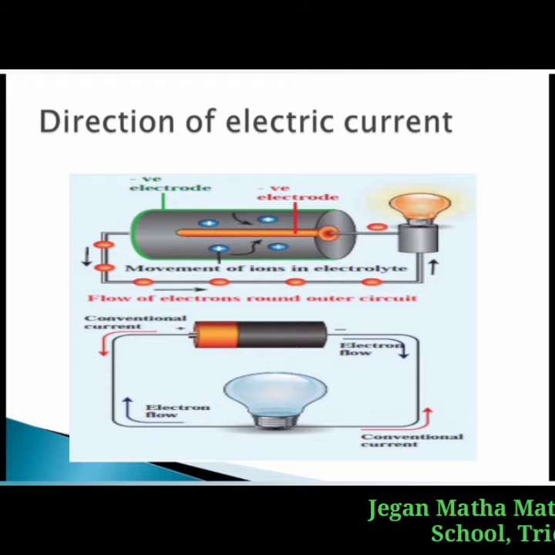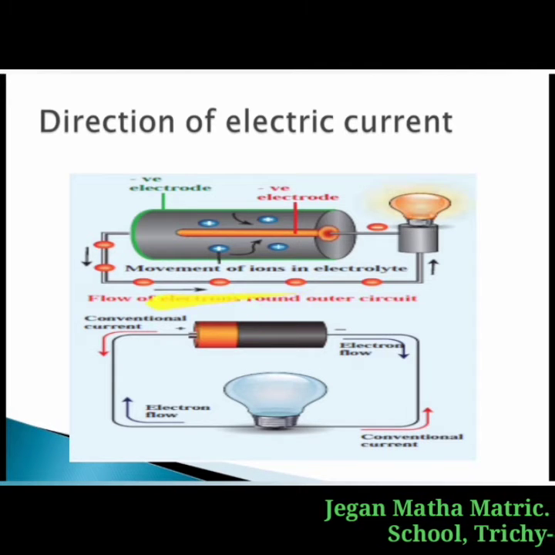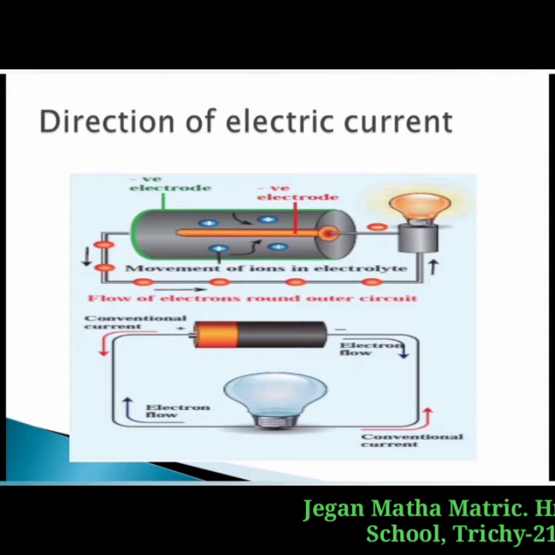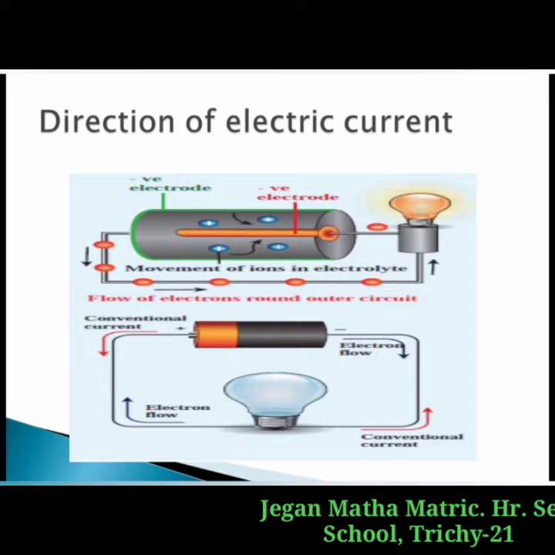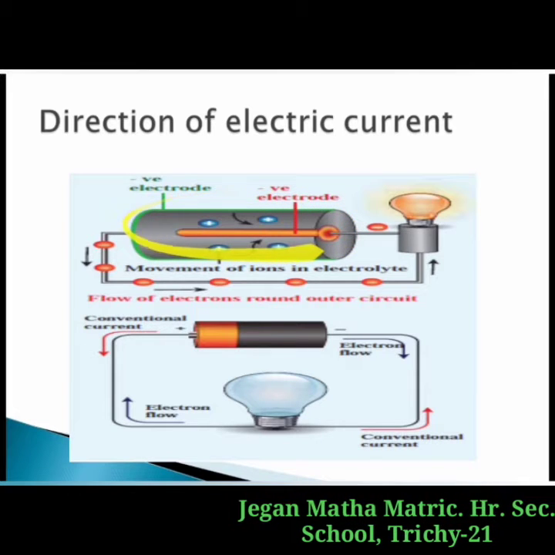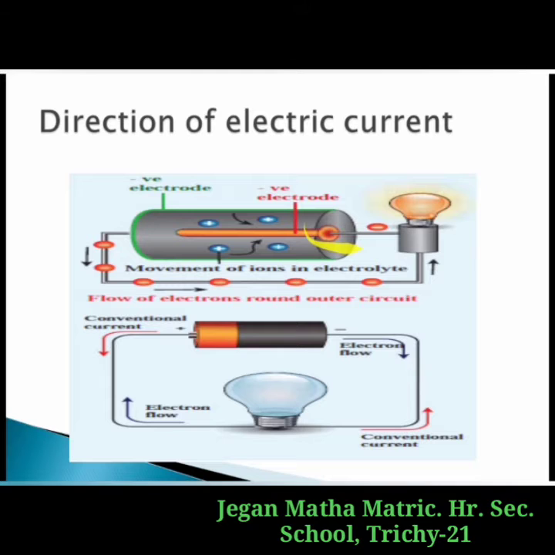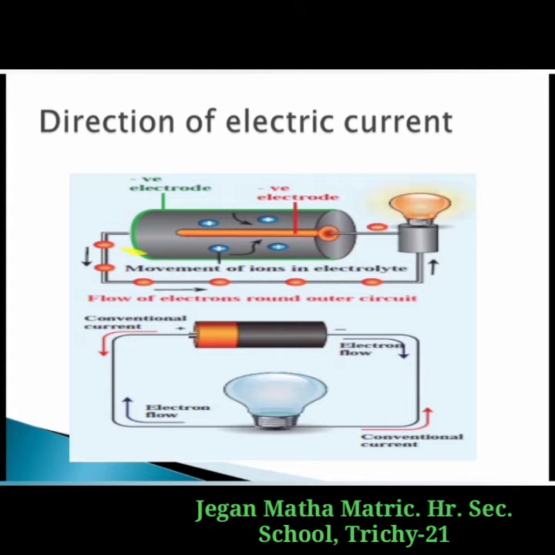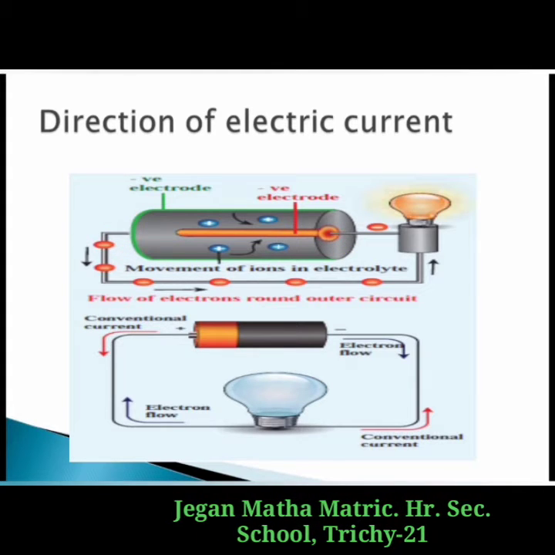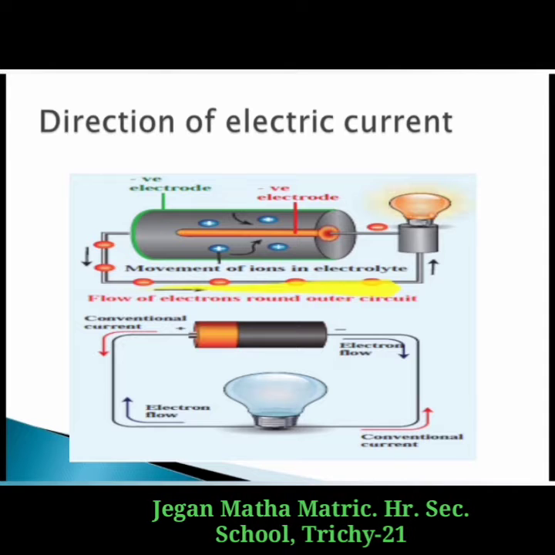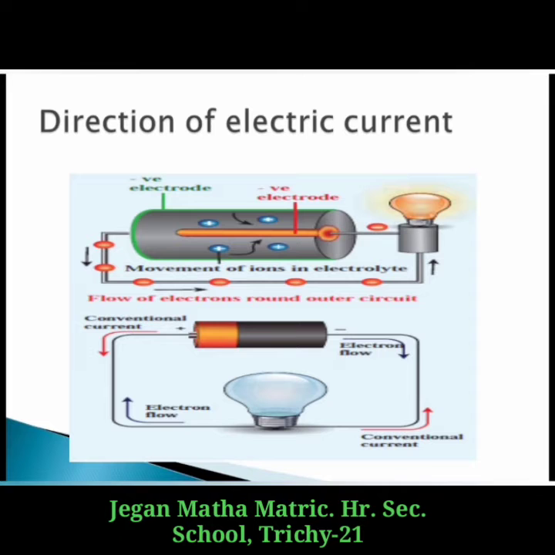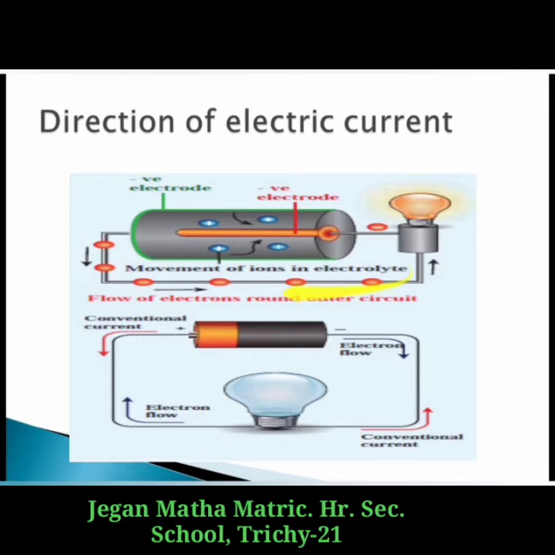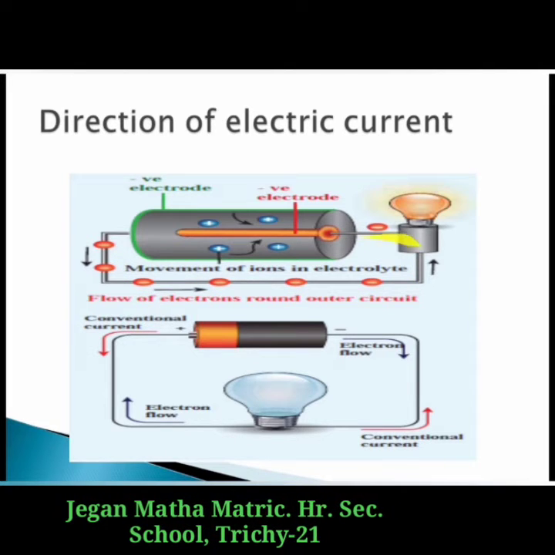When a connection is given externally by a conducting wire, electrons flow from the negative terminal to the positive terminal of the cell. So this is the flow of electrons.